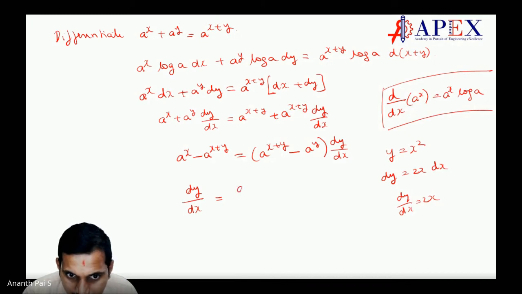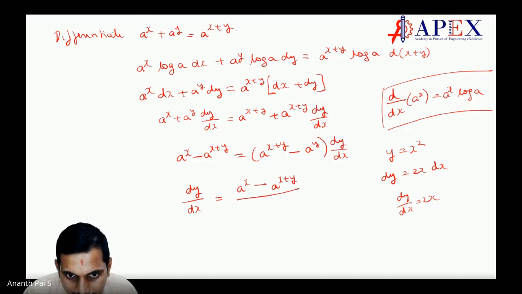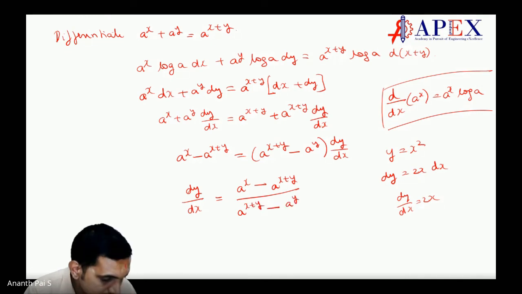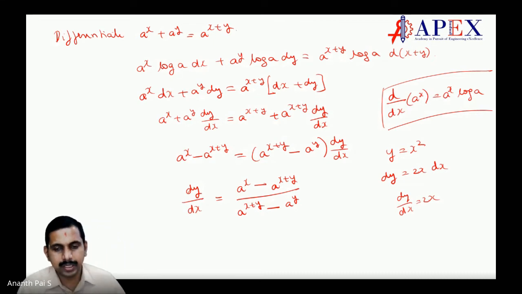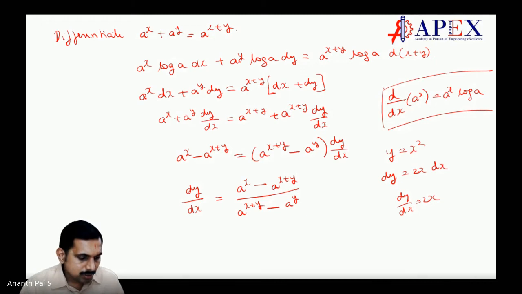So this is a power x minus a power x plus y divided by a power x plus y minus a power y. Correct. So this can be written whatever way we can write it. Okay, so that's the answer.